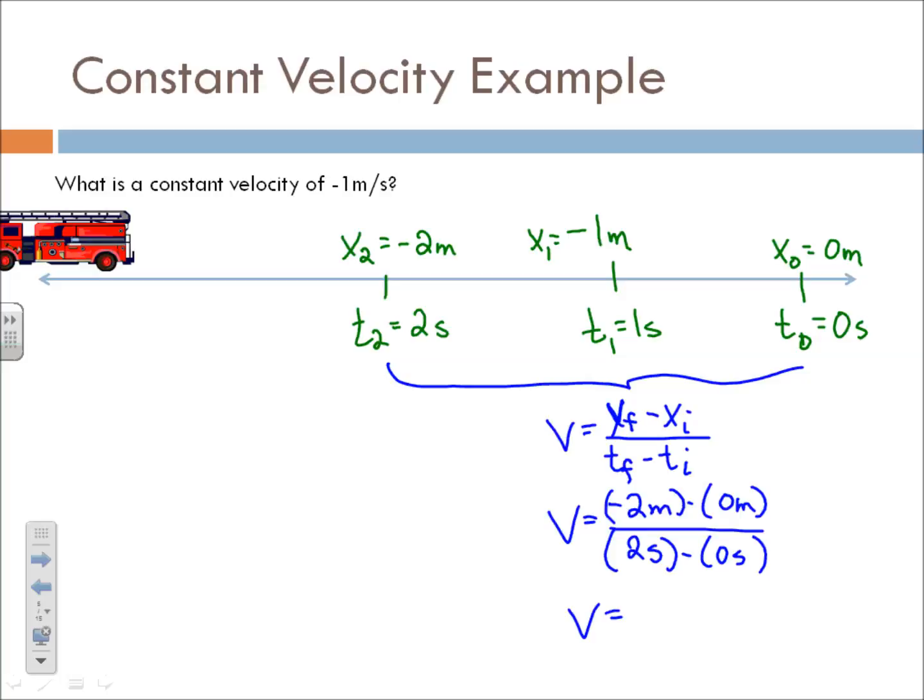And what do I get? I get negative 2 meters over 2 seconds, which is negative 1 meter per second. So the only thing this changes is that these are still equally spaced displacements in equal time intervals. It's just now traveling in the negative direction.